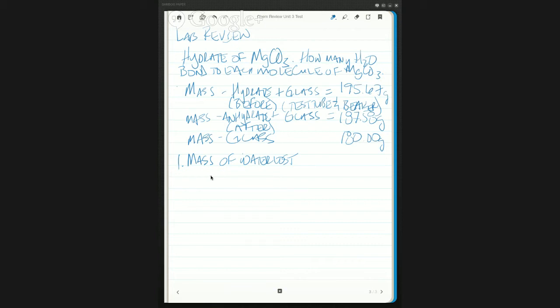So what that is, it's the hydrate minus the anhydrate, okay? The before minus the after. So you have to subtract those two, so that's before heating and after heating, okay? That's the first step, okay?